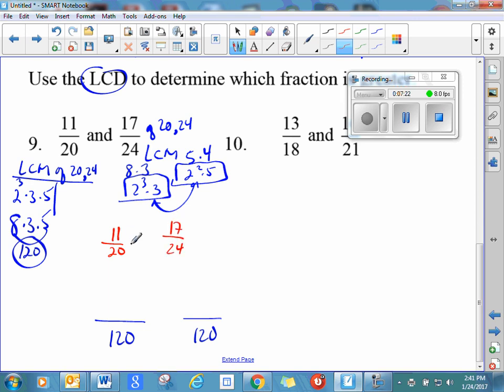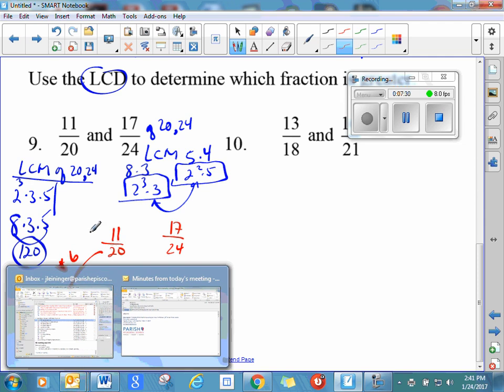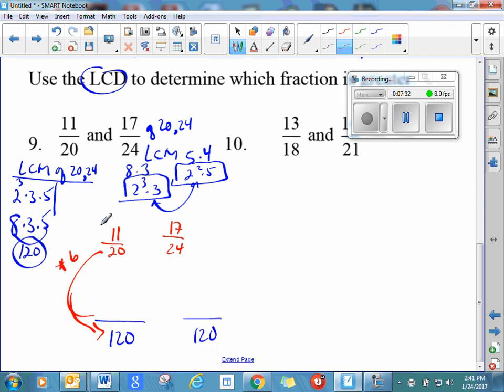So I asked myself, how can I get from 20 all the way to 120? Well, multiply by 6, because 6 times 20 is 120. But I also have to multiply the 11, the numerator, by 6 to get an equivalent fraction, and that's 66. So 11 times 6 and 20 times 6. What about this guy? How do I get from 24 to 120?